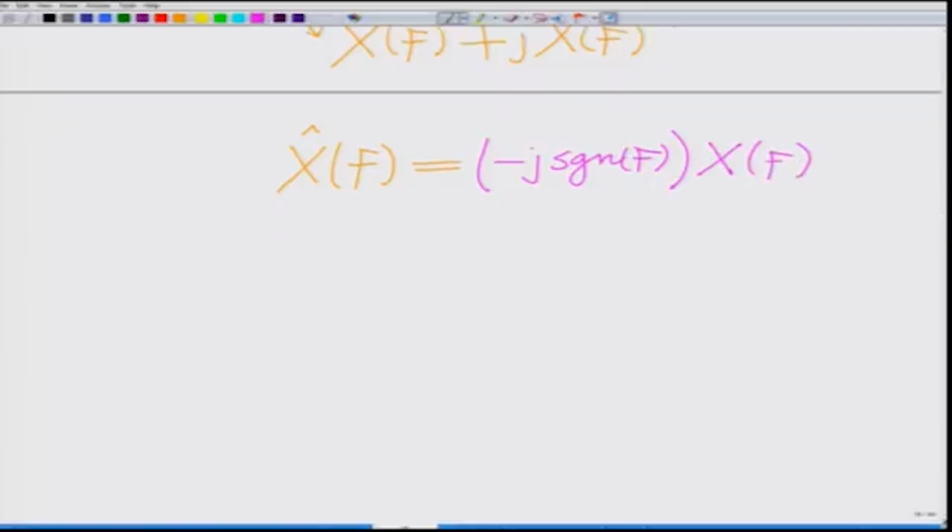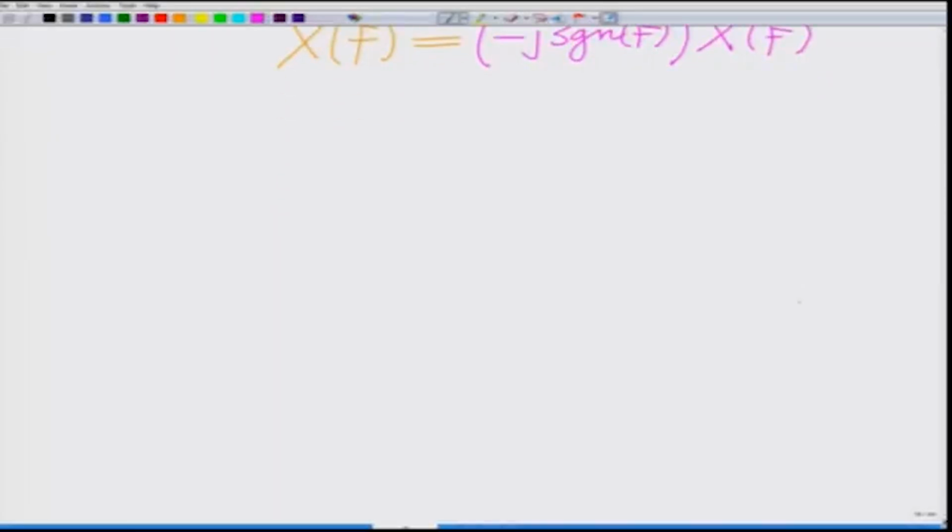Now, minus j sgn f is minus j if f is greater than 0 and plus j if f is less than 0. Let us draw the spectrum x hat f, which means it is minus j sgn f times x f, correct.